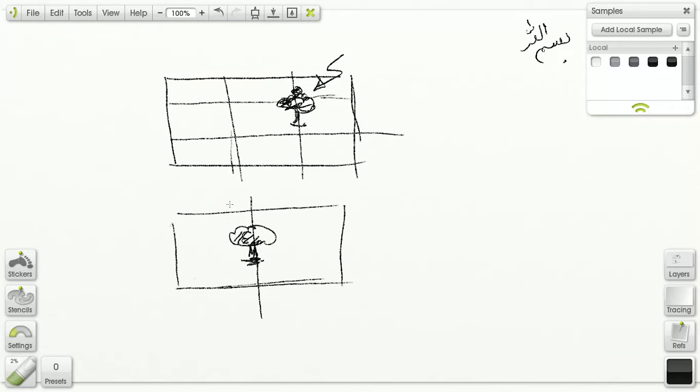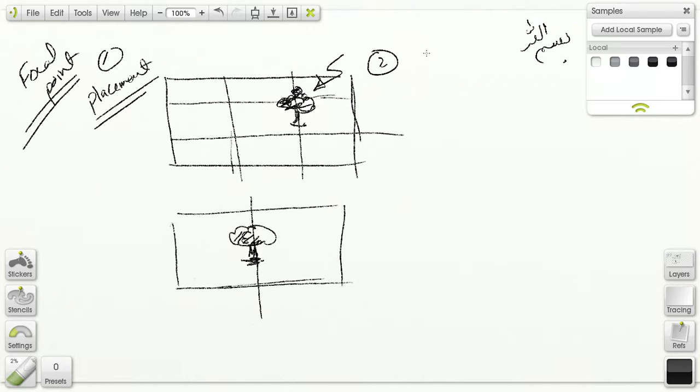So one is placement: focal point can be determined by placement. The second way of suggesting something to be a focal point is by isolation.